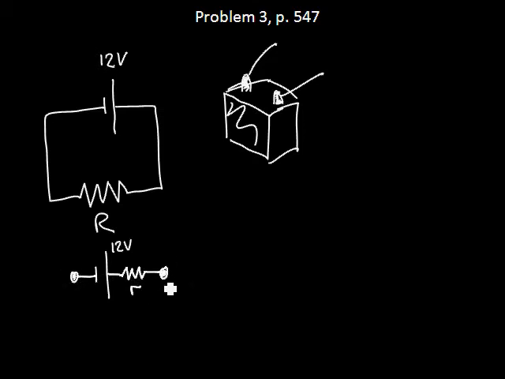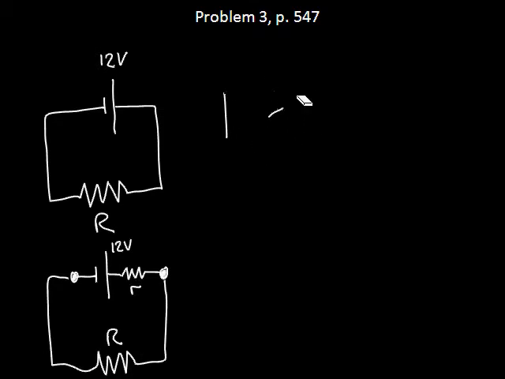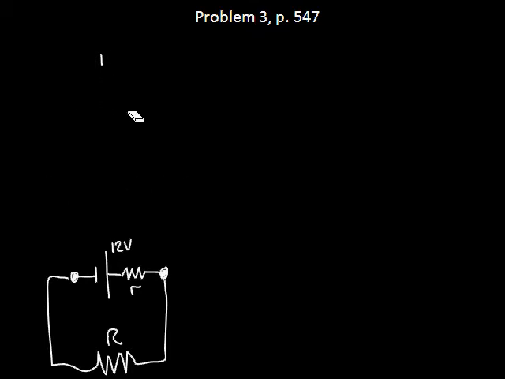And then this gets connected to the external circuit, which in this case is our starter motor R. Okay? These two blobs here represent the terminals of the battery, with the resistance inside. So make a little space. We don't need this anymore because we're going to use the slightly more sophisticated circuit down here.